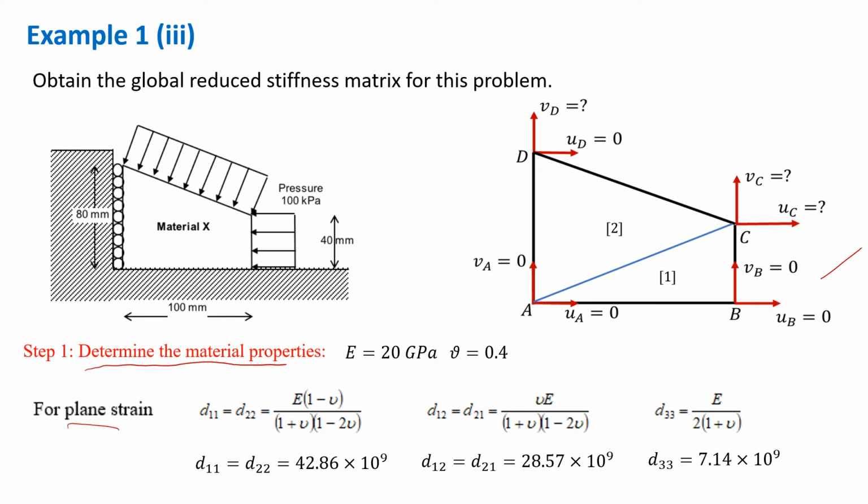So given in the question, the Young's modulus is 20 gigapascal and the mu is equal to 0.4. By using the equation dedicated to plane strain, we can determine the value of D11, D12, and D33, as shown in this slide.